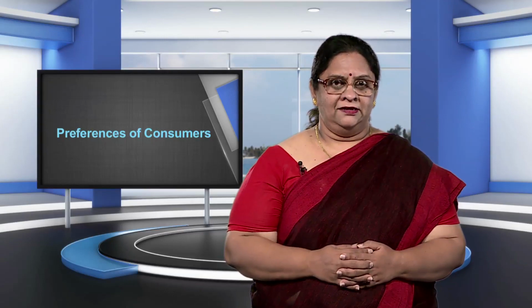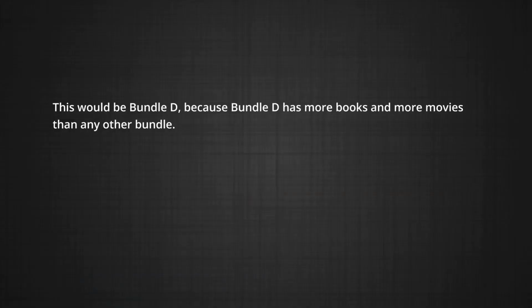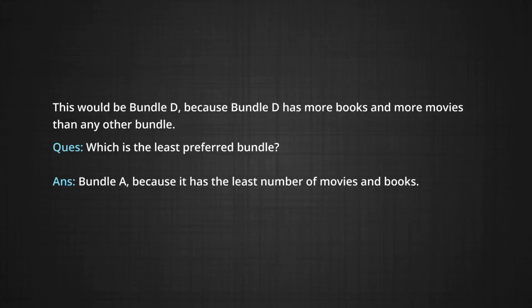Can you say which one of these bundles a consumer would like the best? Clearly, this would be Bundle D, because Bundle D has more books and more movies than any other bundle. Which is the least preferred bundle? Clearly, this is Bundle A, because it has the least number of movies and the least number of books in all the 4 bundles listed.